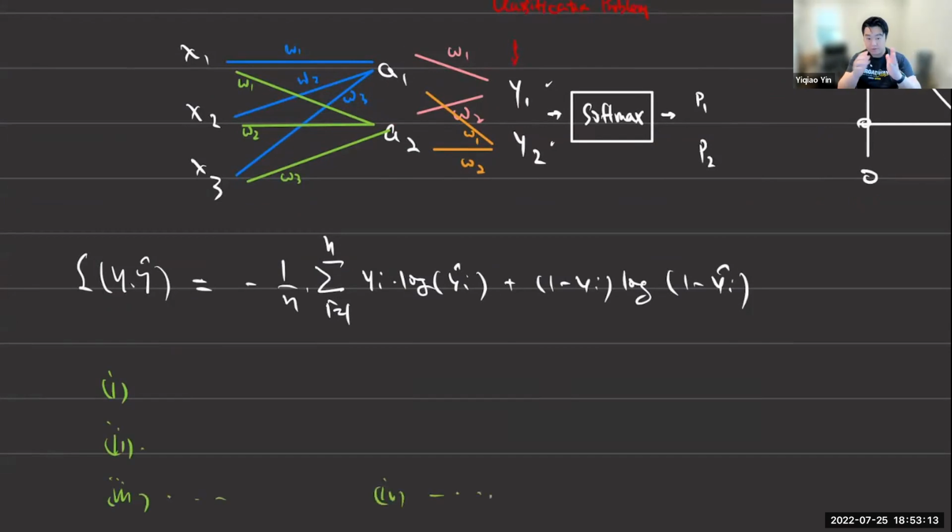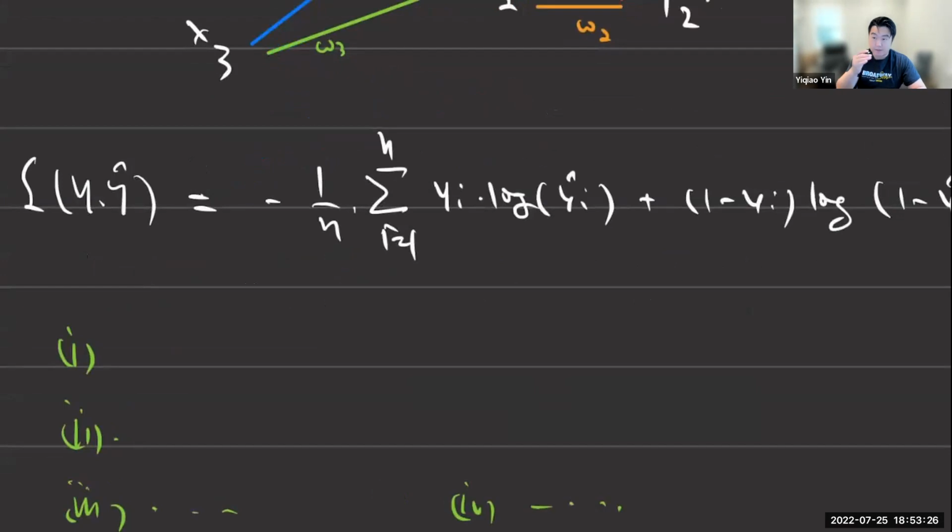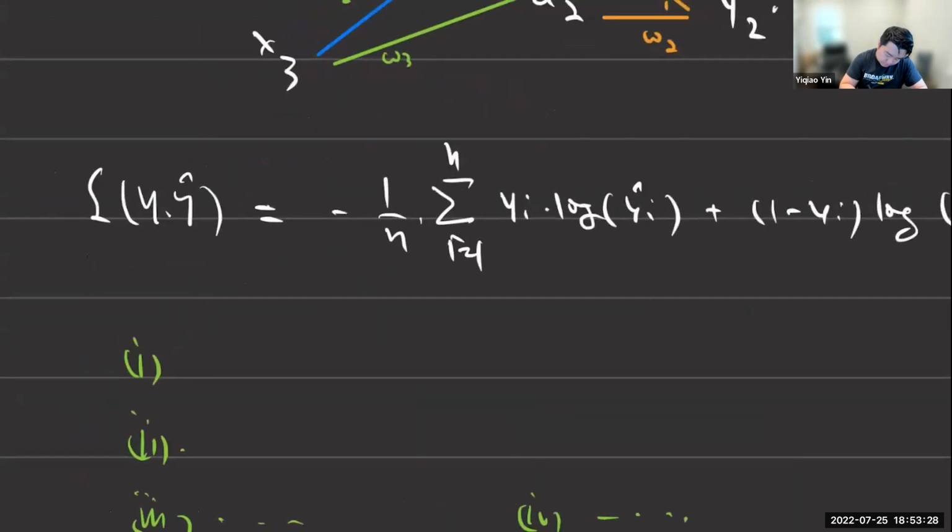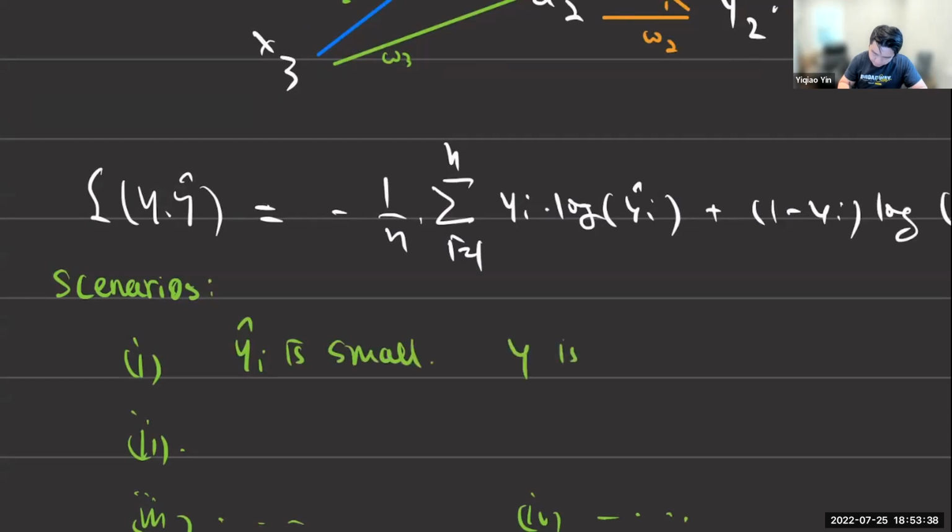All right, so I'll talk about the first one first. The first scenario is when you predict the probability that is small and the ground truth is 0. Okay, I'll write it down. So the first premise, or the first scenario: y_i hat is small, y is 0.